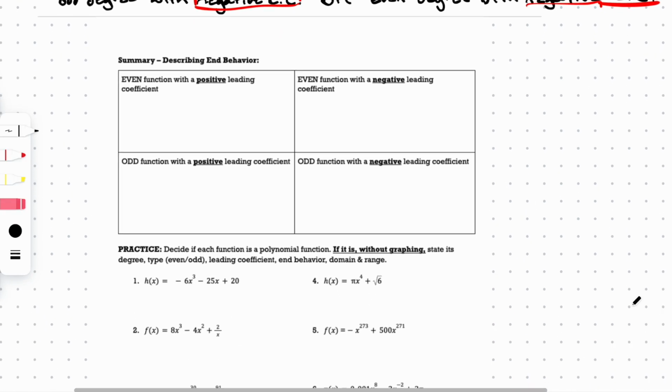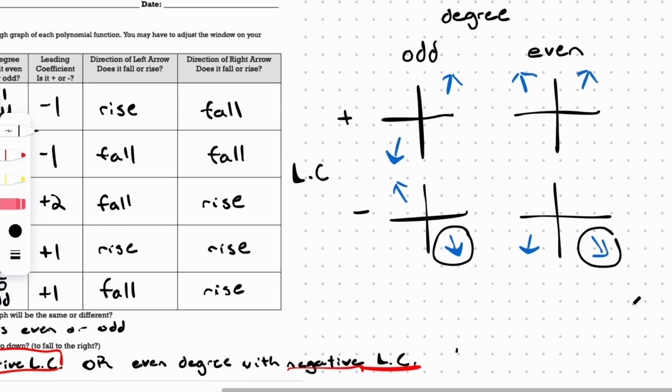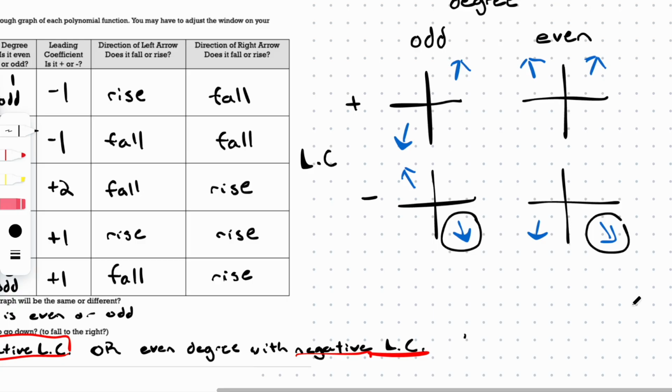Okay, so we're trying to describe end behavior. Real quick, I'm going to show you some notation. When we say the left arrow rises or falls, we're saying as x goes really far in this direction, all the way over here, what happens to our y? Our y goes down and down and down, all the way until negative infinity. It keeps on going down.